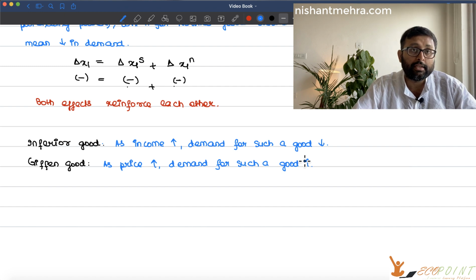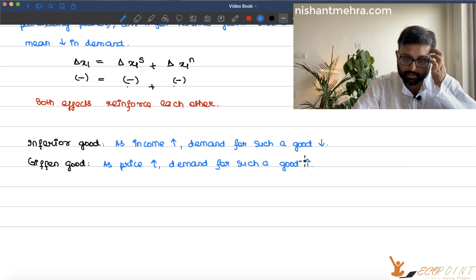The law of demand says that for all the other goods, ordinary goods, when the price of the commodity increases, demand for such a good will fall. Here, when the price is increasing, demand for such a good is increasing. That is what a Giffen good is.